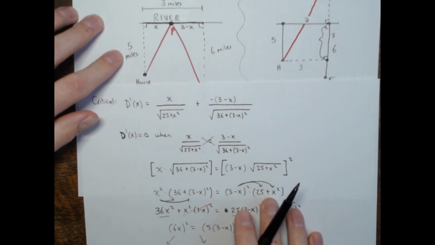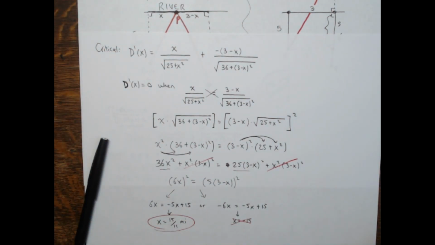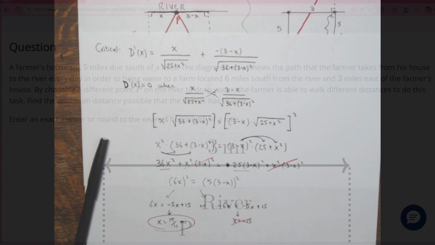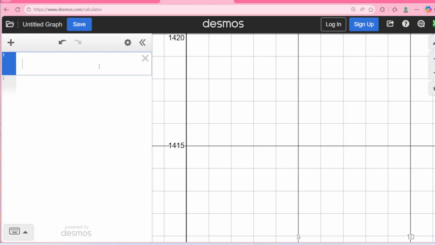All right, so I'm going to go to the function now and we'll plug this in. All right, so I go to the function. I'm very algebra heavy if you're doing it that way. So this was capital D of x equals, and then I had the square root of 25 plus x squared.